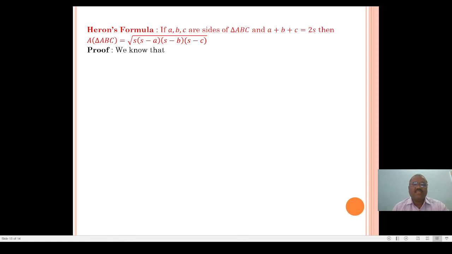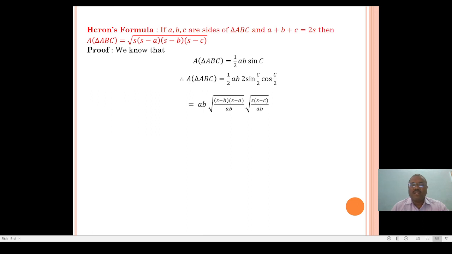Proof: we know that area of triangle equals half ab sin C. So area of triangle ABC equals half ab into, using the half angle formula, 2 times sin C by 2 cos C by 2. So we get ab root of (s minus b)(s minus a) upon ab into root of s into (s minus c) upon ab. So we get root of s(s minus a)(s minus b)(s minus c).